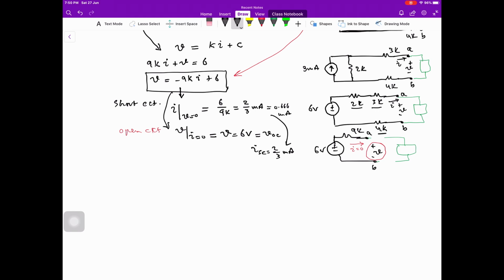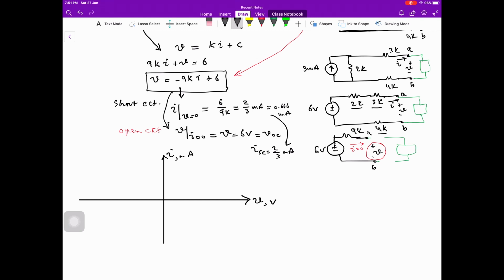Now due to this equation, we can show the voltage on this axis, and current on this axis, as voltage is in volts and current in the present case is in milliampere.